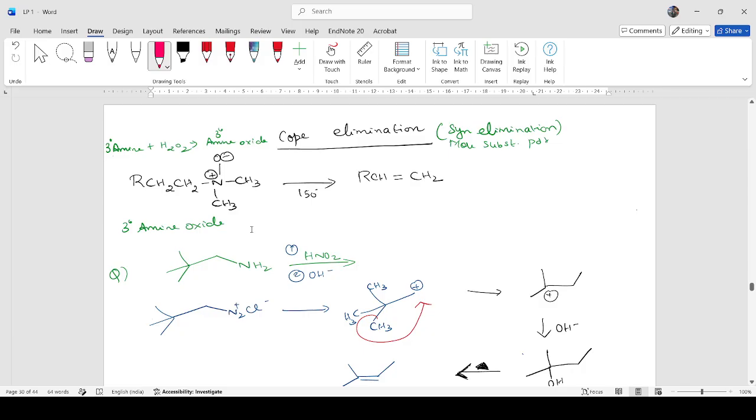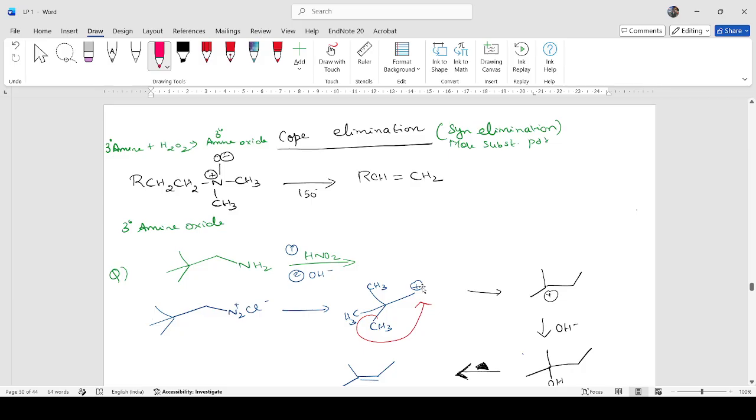Let's see an example here. Both Cope as well as Hoffman happen in a thermal medium. That means I heat it above 100 degrees. It is an aliphatic amine, a primary amine. I treat it with nitrous acid. What is the first step? Removal of this N2 to make a carbonium ion. Yesterday we learnt it. Now it is primary, ma'am.